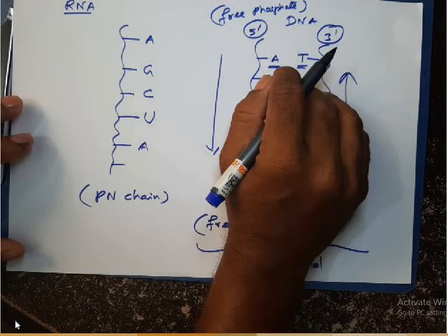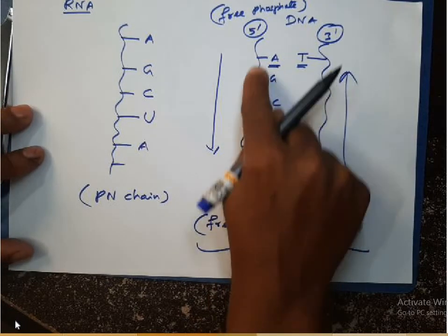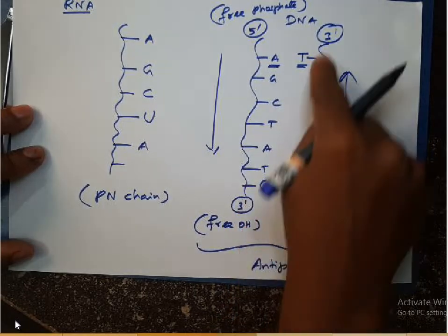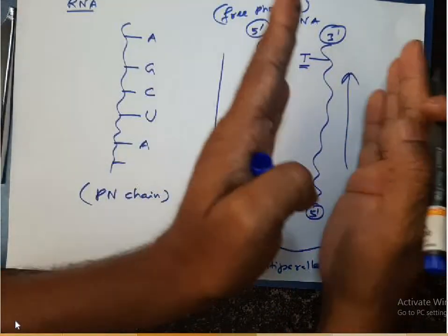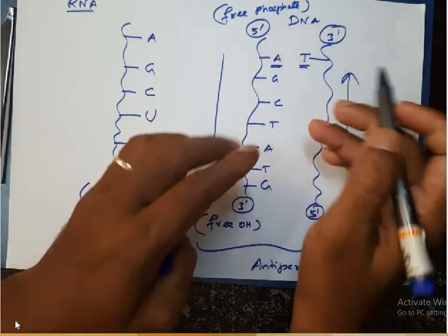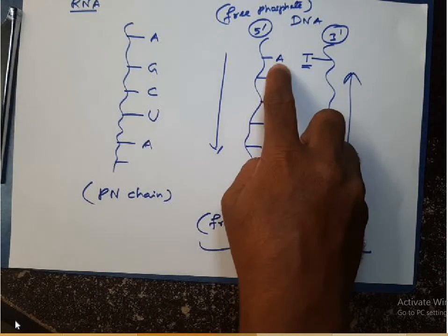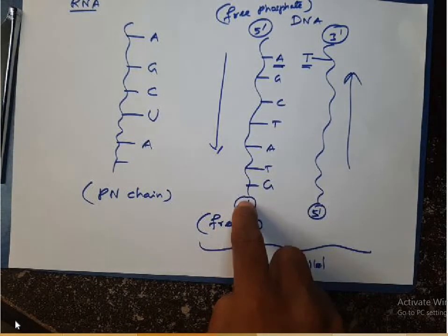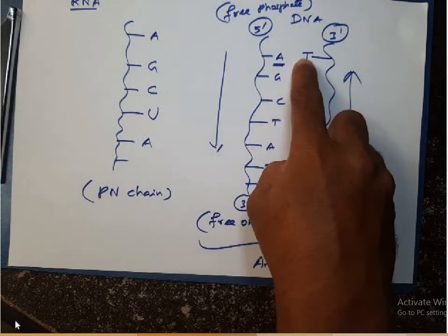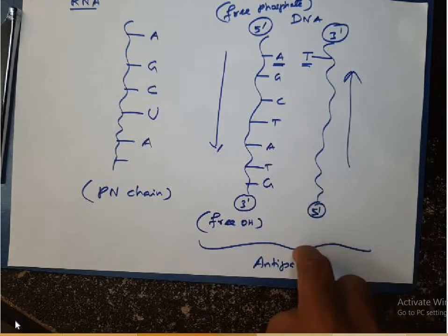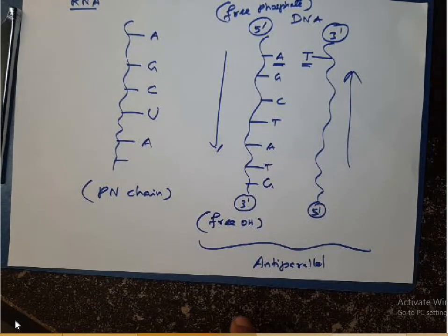The hydrogen bonds are formed between the bases. Adenine of one polynucleotide chain will form a hydrogen bond with the thymine of another polynucleotide chain.